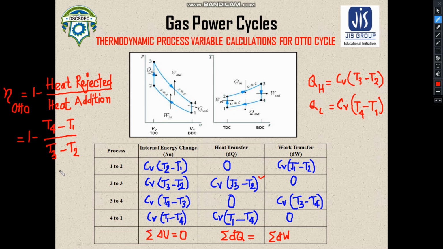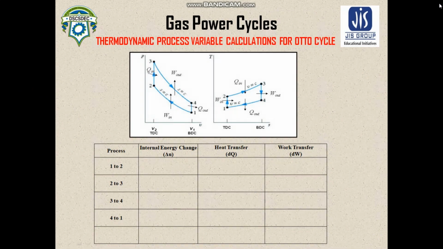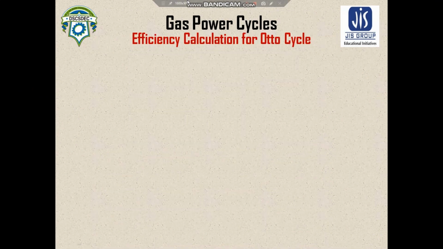This is a very common thing you must understand. Now let us move on to the analysis of efficiency, but you must remember this term. We'll see just in a moment. So let us start our calculation for efficiency.